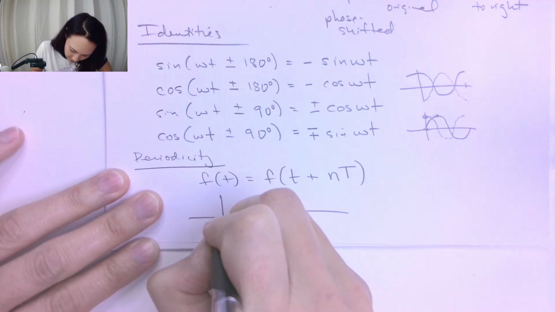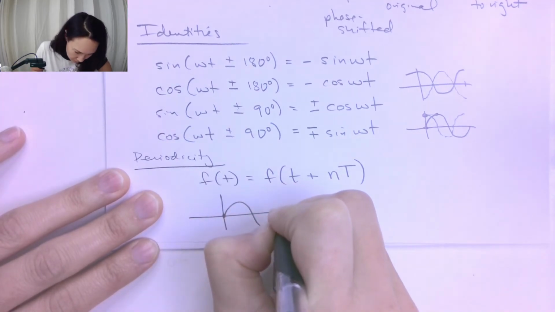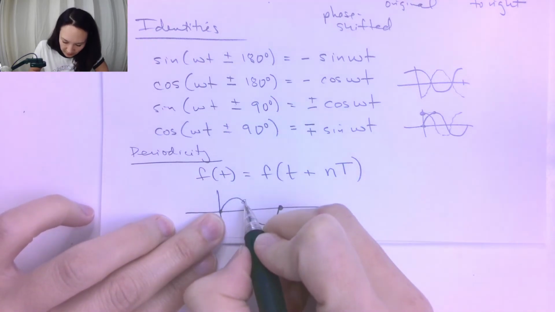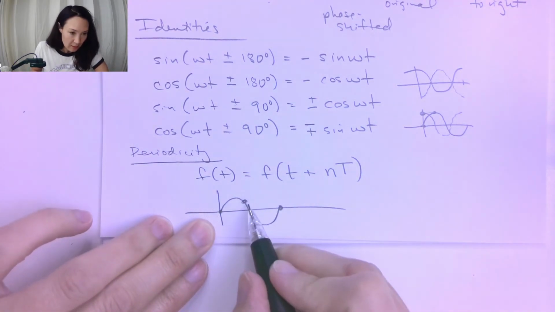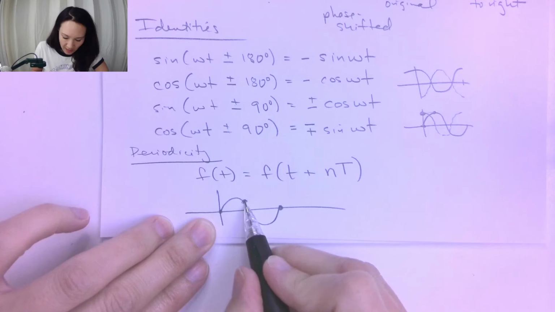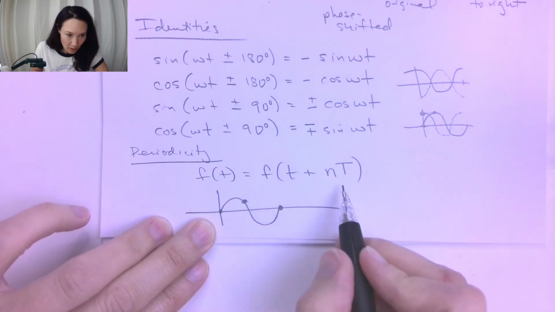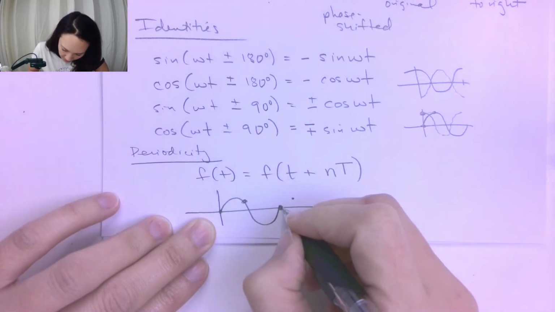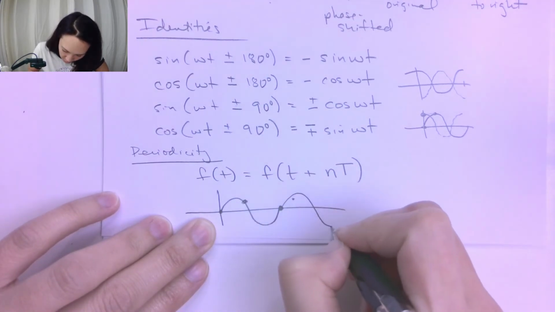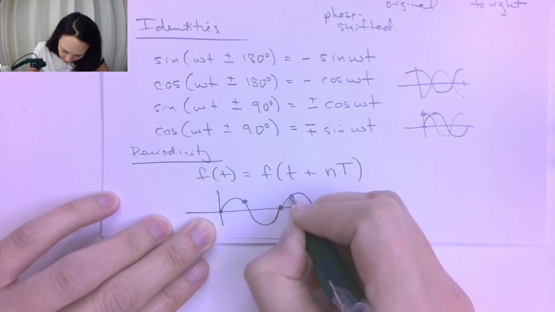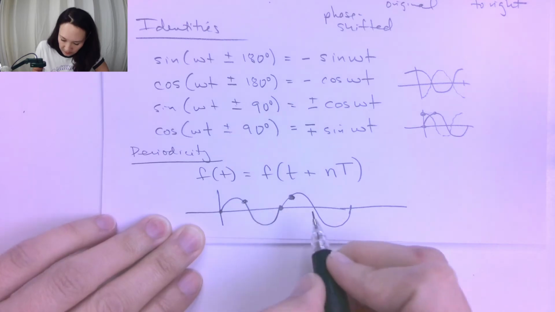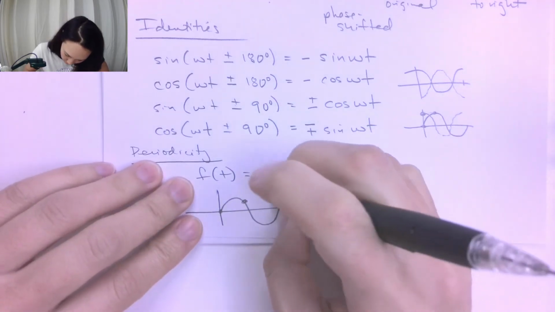So if we made the graph, here's our sine wave. Anywhere along this graph, let's say like this point, at this f of t, if I add to it 1 times the period, that's going to put me right here. And for any point along this function, it's going to land on basically the exact same point.